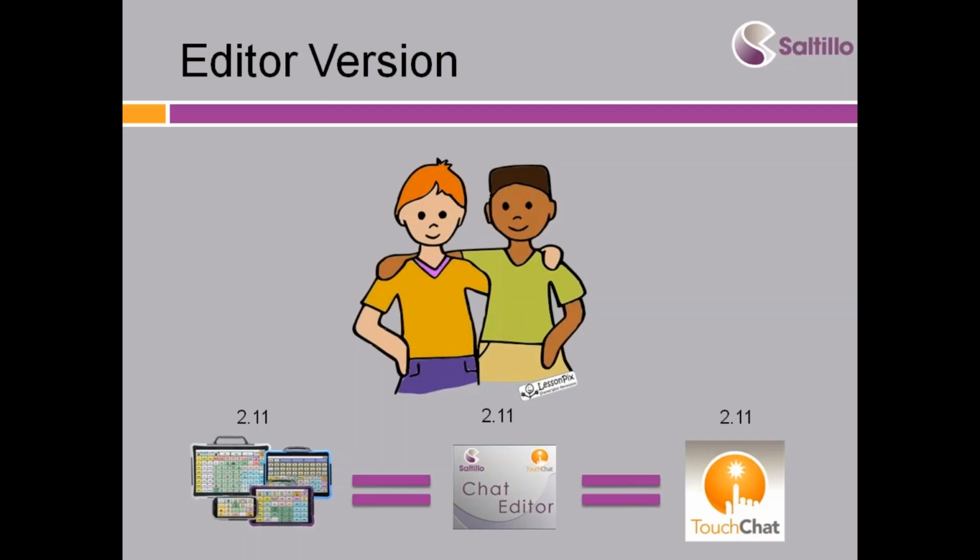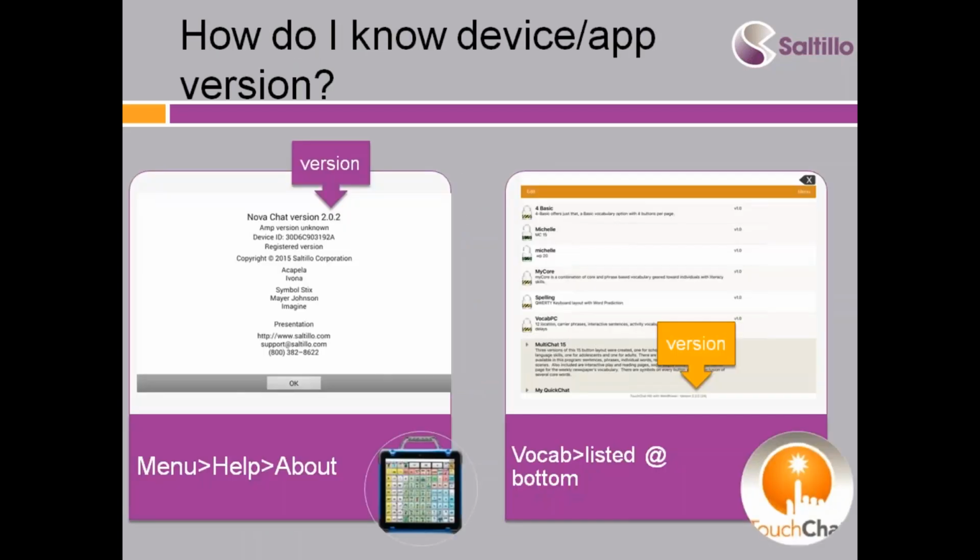If you have problems with that, there's lots of resources online, but it really helps make everything go smoothly. If you hooked up a 2.6 device to the editor that you just downloaded at 2.11, it's going to cue you that you need to update the device, and they're not going to talk to each other until they're both in the same version.